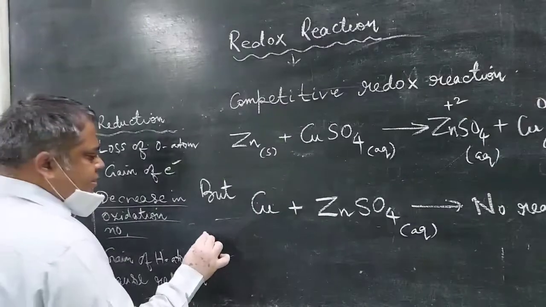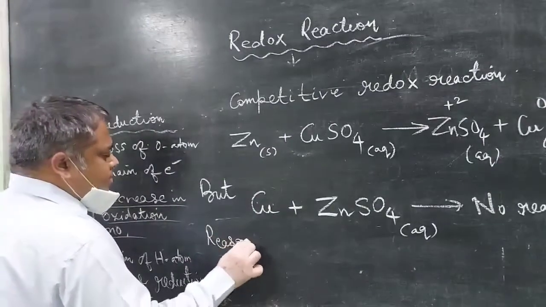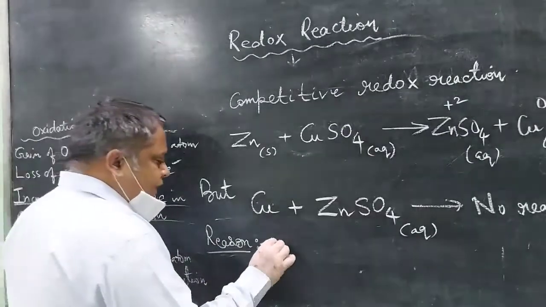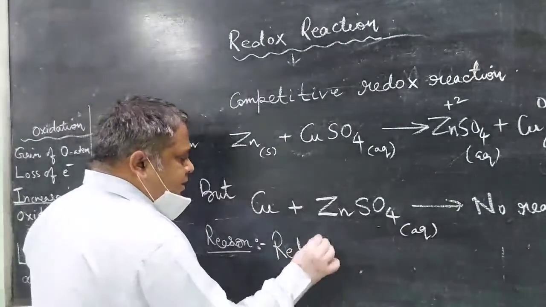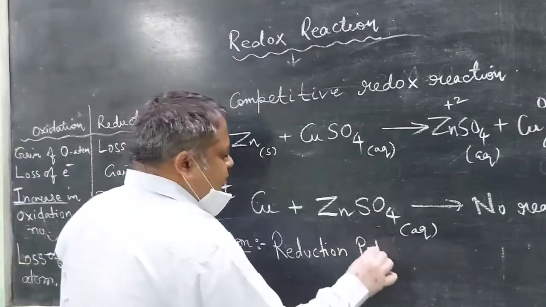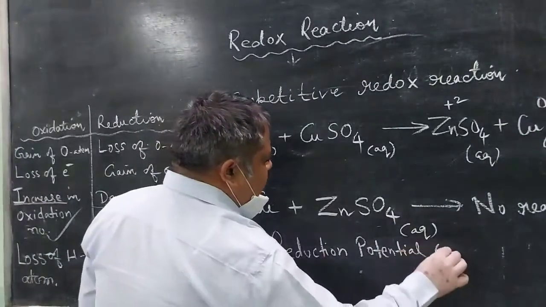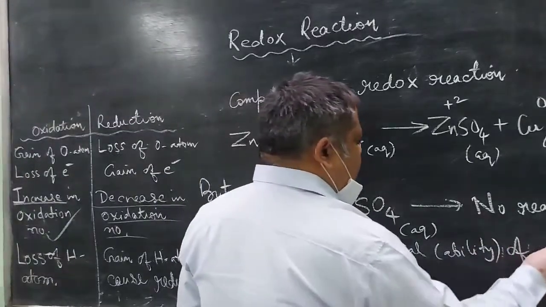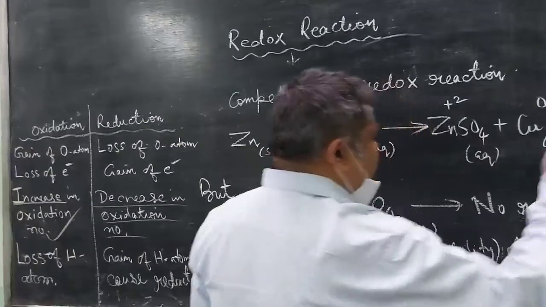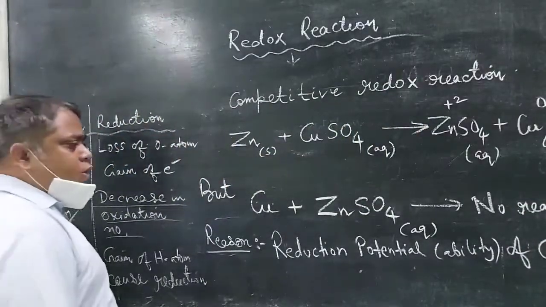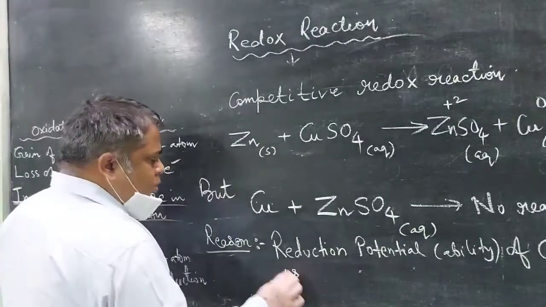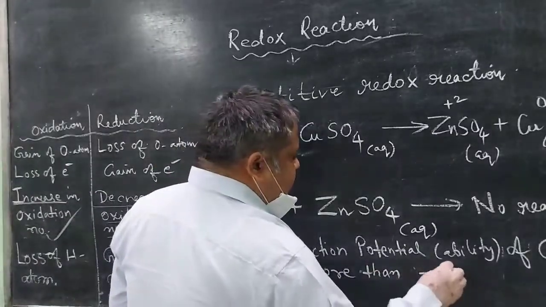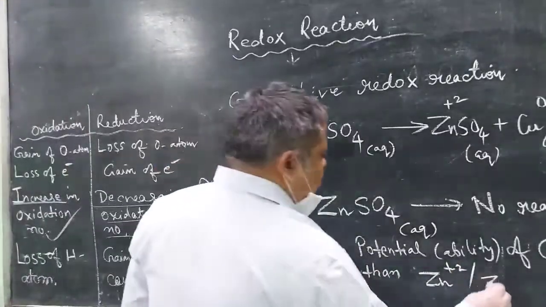What is the reason behind this? The reason is that the reduction potential of copper, Cu2+ plus 2 electrons becoming Cu, we write like this, is more compared to zinc 2+.